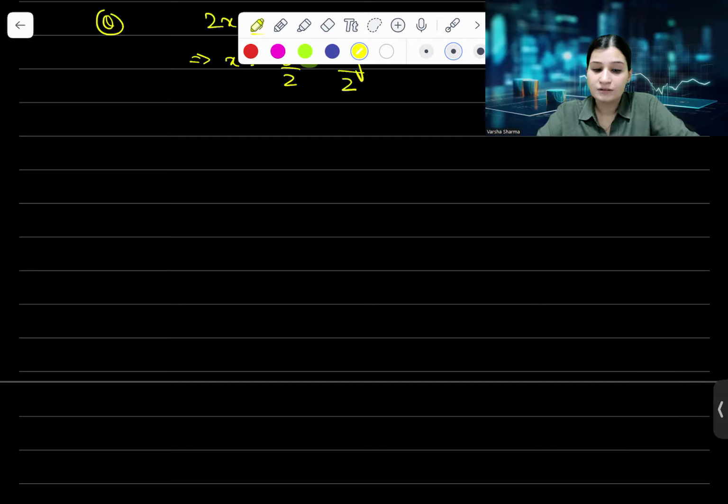Is it understood? What happens if the values of the observation move from upper left to lower right? Negative. Upper left to lower right in a straight line is a perfect negative correlation, r will be minus 1. If it moves from lower left to upper right, it's a positive correlation. If it moves from lower left to upper right in a straight line, it is a perfect positive correlation. Clear?